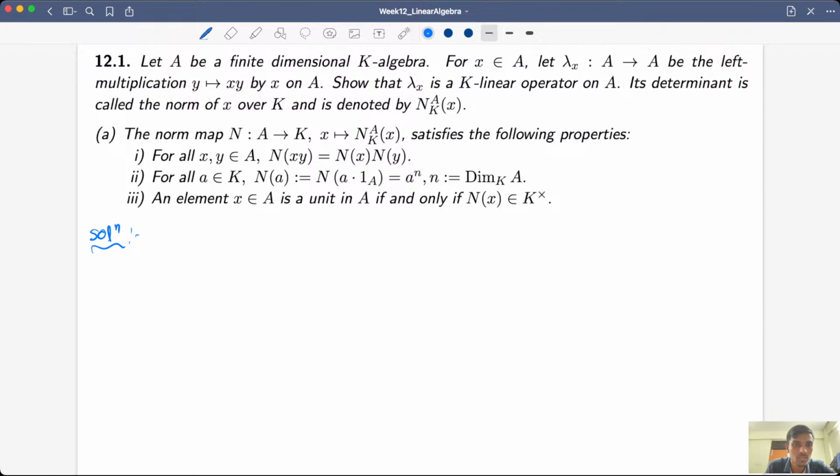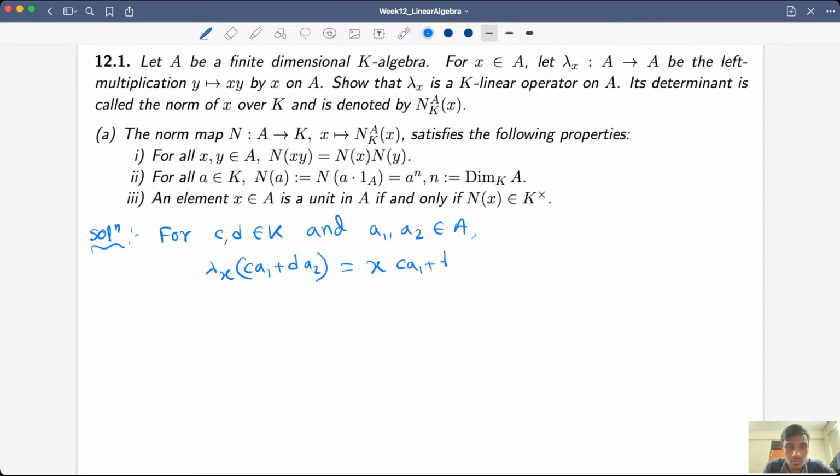What we need to show is, suppose c, d belong to K, and a1, a2 belong to A, then lambda x of c a1 plus d a2 equals x multiplied on the left with c a1 plus d a2, and this is again by the distributive property in the algebra.